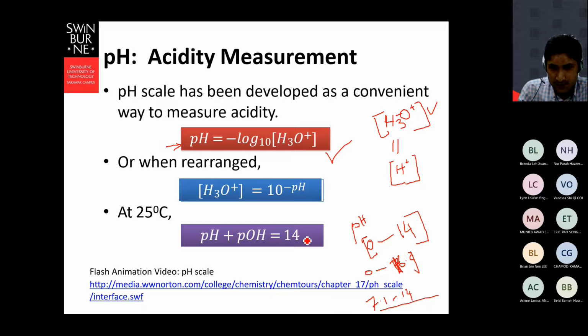Generally, at normal temperature and normal pressure, at 7 it is neutral, right? But the neutrality of the solution can depend on the condition. At higher temperature or higher pressure, the neutrality is not always 7. It is in between.